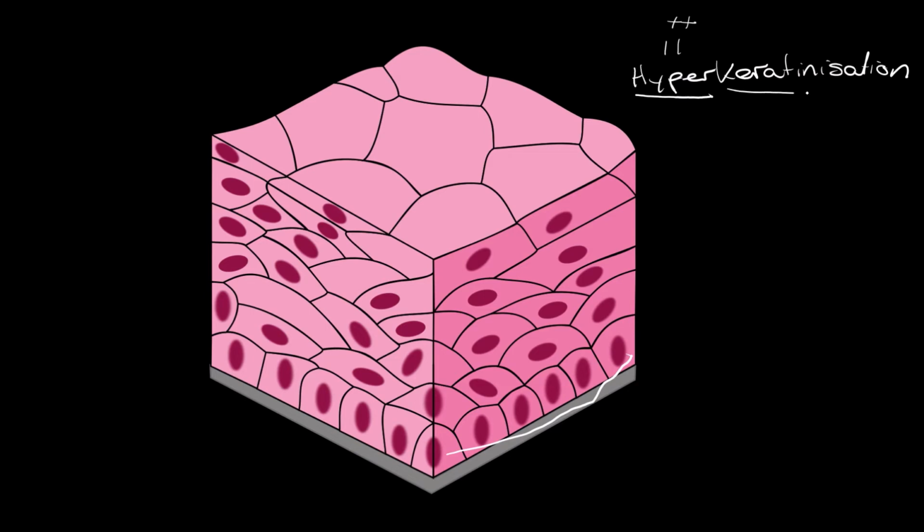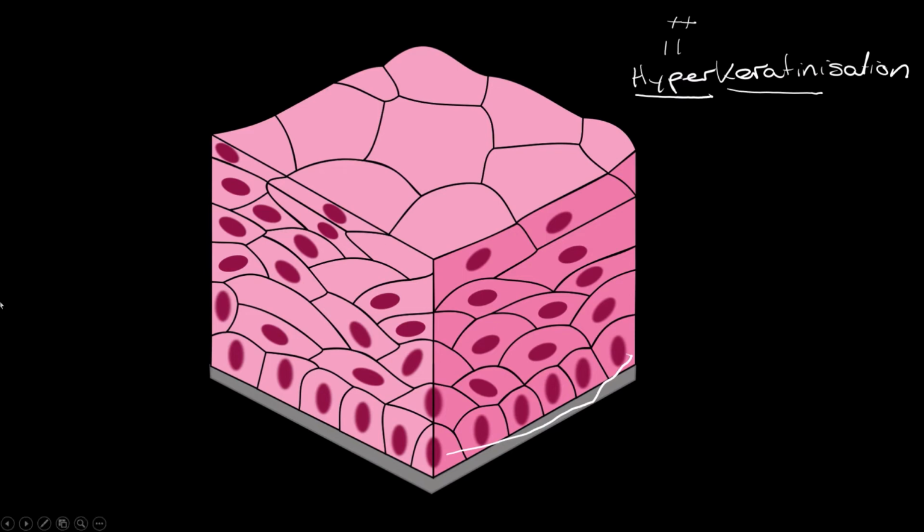Keratinization, we already know what that means. We've talked about keratin in terms of keratinized epithelium. It's this tough protein that builds up to help protect against friction. So if a tissue becomes hyperkeratinized, it simply means it's got more keratin than it did before. And we see this commonly as a normal, natural response to stimuli.